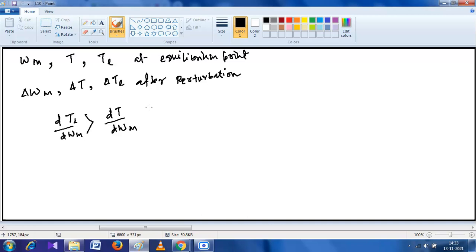The equilibrium point will be stable when the speed is increased, if at that point the load torque is greater than the motor torque. To make the equilibrium point a stable equilibrium point, we have to maintain this criterion.